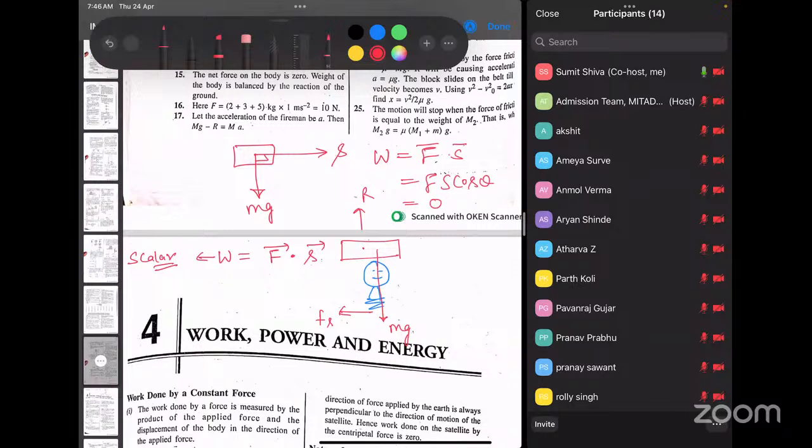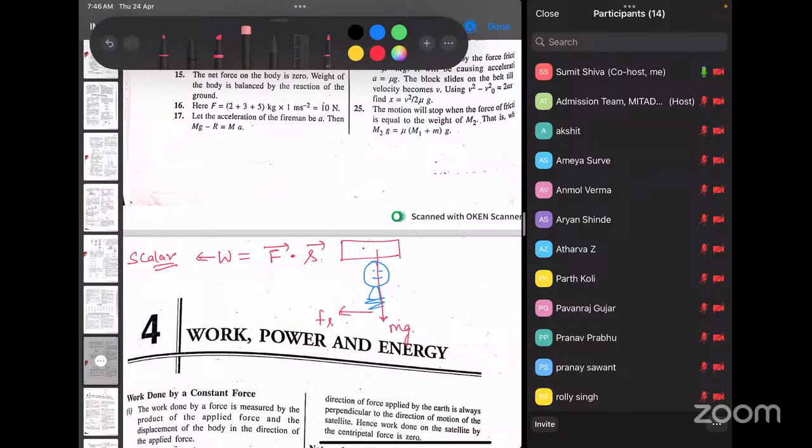So work done by the force of gravity on the box will be 0. Work done by the coolie is not 0, right? There is some misstatement about this example, that the work done in this process by the coolie will be 0. It's not the coolie, it's the force of gravity which is doing no work here.